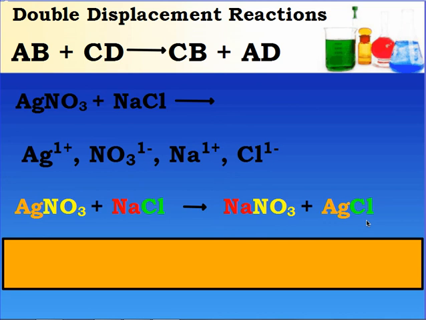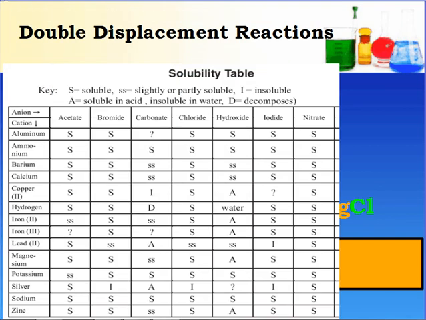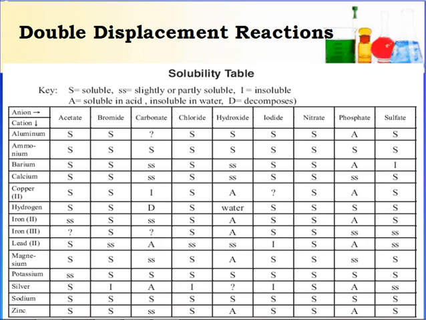I don't know if that's actually a real reaction or not. So what I'm going to have to do is go to my solubility table, and I'm going to look up sodium and nitrate and see if it's soluble or insoluble or a decomposition reaction. So let's do that together. Sodium and nitrate. First thing I'm going to do is locate sodium.